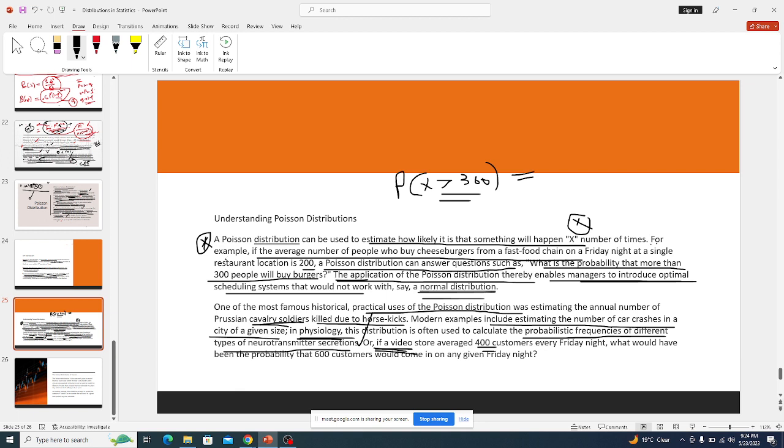This is the same example as the one of the burgers. So we can be able to calculate the probability of a certain event occurring given the historical data.